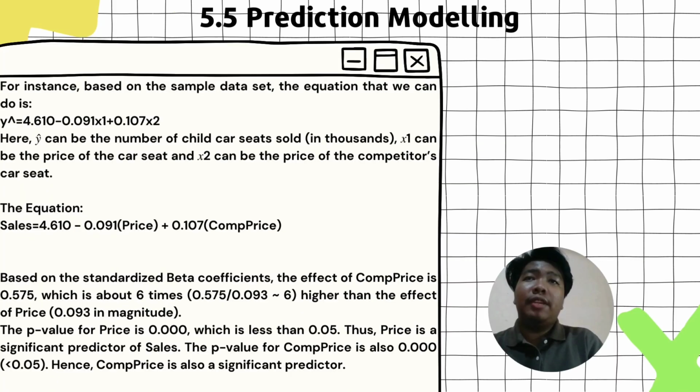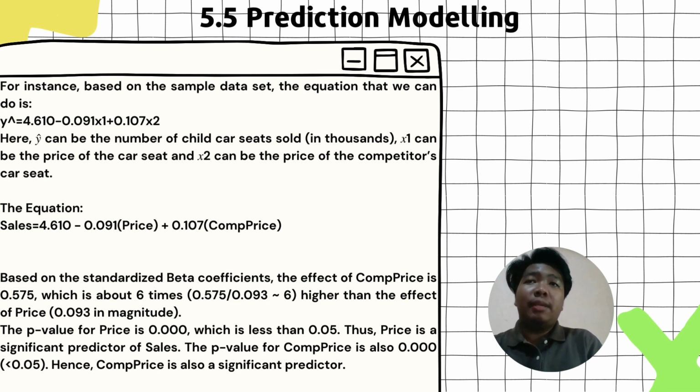So based on all of that, from the data sample set, the equation we can write is y equals 4.610 minus 0.091 times x1 plus 0.107 times x2.